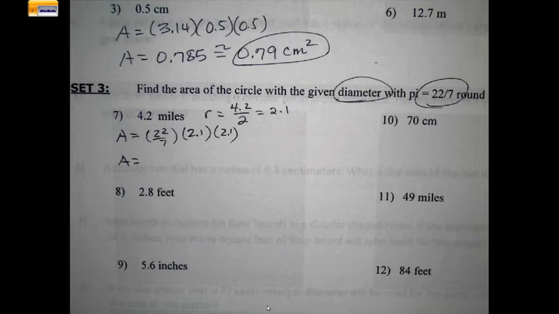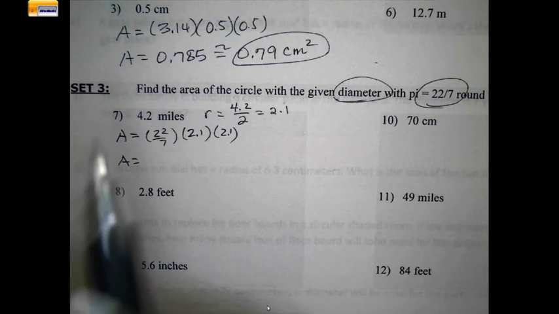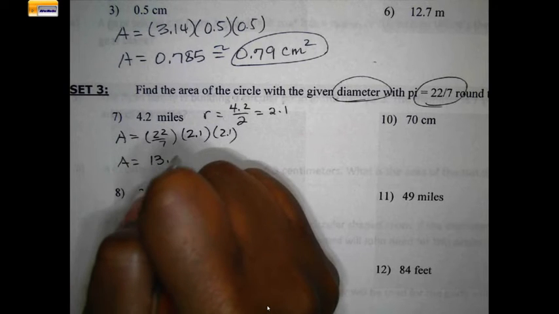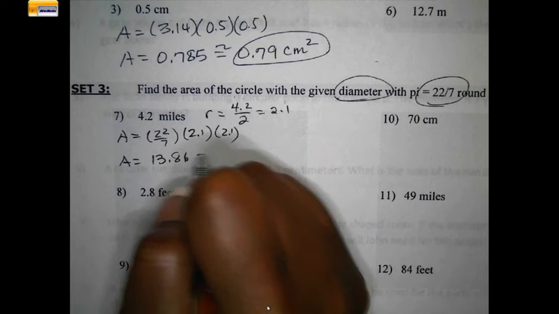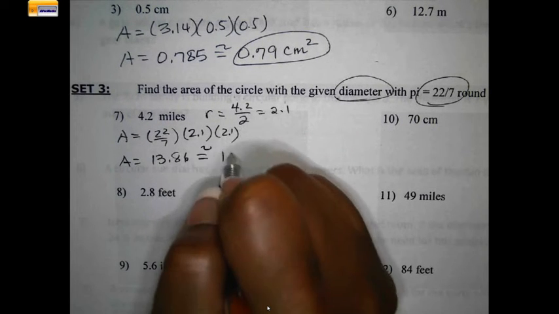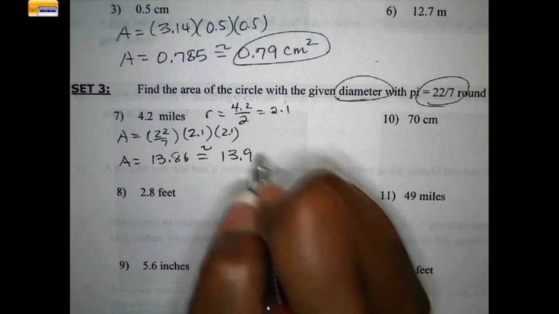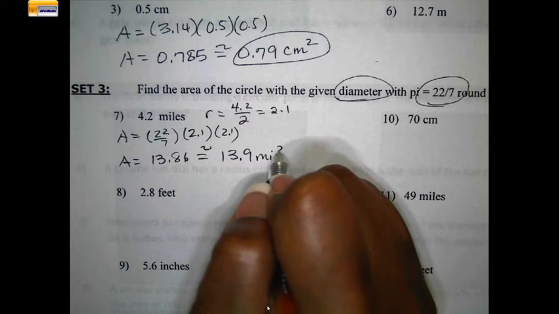Well, 4.2 is the diameter, and half of that would be 2.1. So 2.1 times 2.1 times 22 divided by 7 gives me 13.86, and they want you to round to the 10th. 13.9 miles squared.